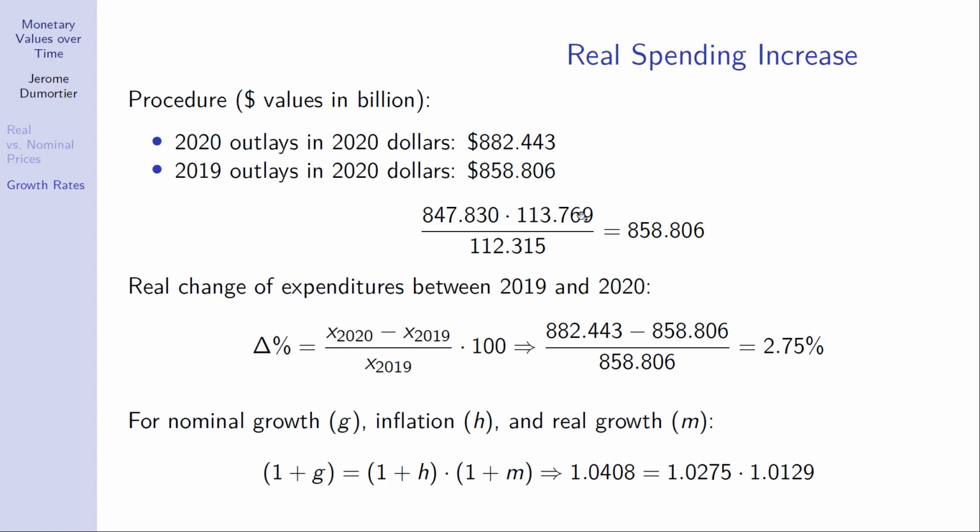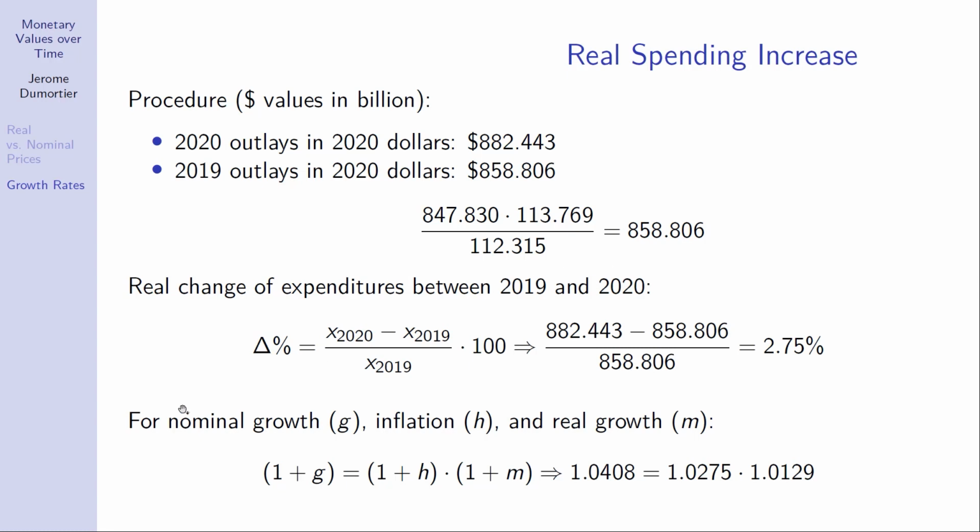If you do those calculations, those 2019 outlays in 2020 dollars were actually $848.8 billion. Based on those two values, we can now calculate the real change in expenditures between 2019 and 2020. You see that the real change in expenditure was not 4.08%, but actually only 2.75%, because we have to take inflation into account.